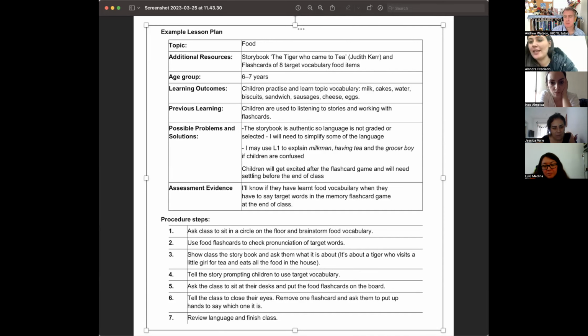Children will get excited after the flashcard game and will need settling before the end of the class. Assessment evidence: I will know if they have learned food vocabulary when they say the target words in the memory flashcard game at the end of the class.